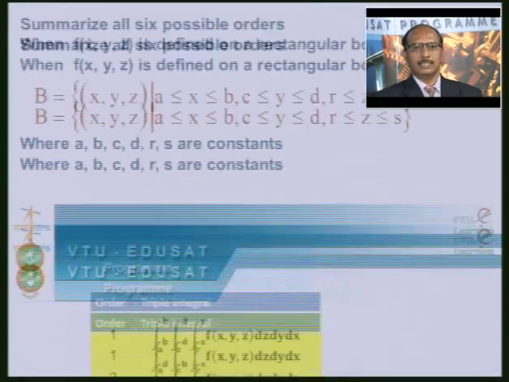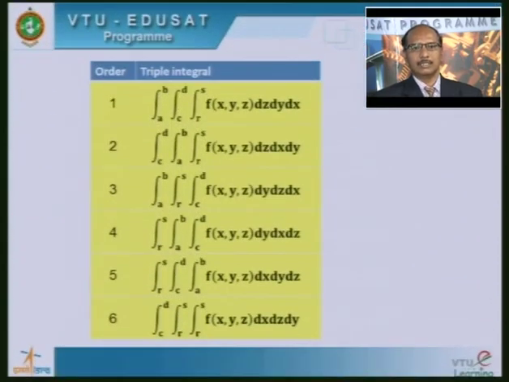So, evaluation has 6 possibilities, you can see in this table. One triple integral you can do in 6 ways, and all of them give the same result. See the first one, dz dy dx, where a, b, c, d, r, s are all constant limits.